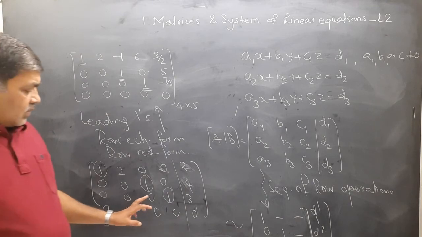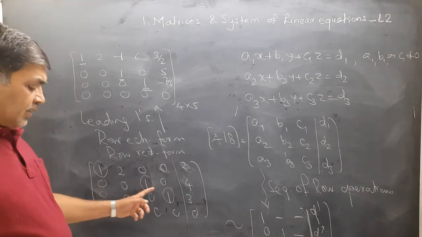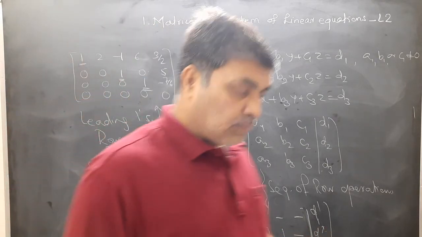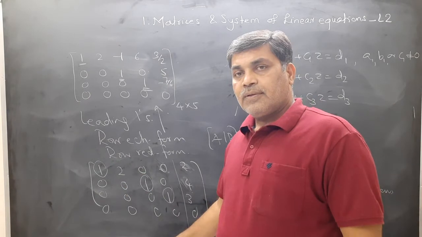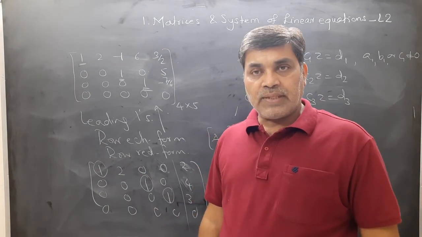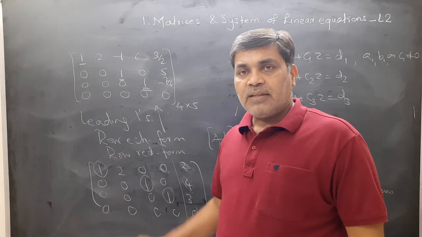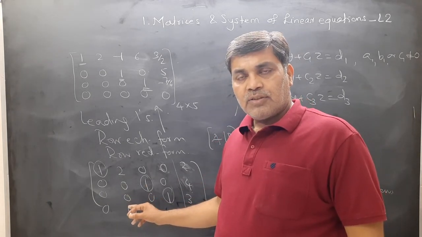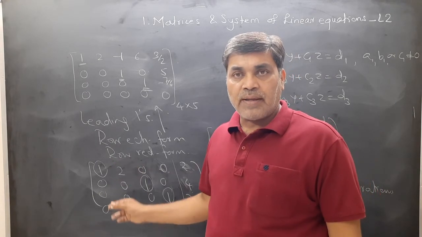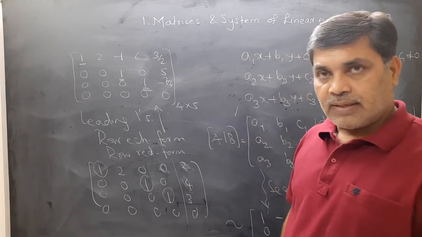So the number of leading ones gives the number of leading variables for that system, and there is one non-leading variable which corresponds to the column containing no leading 1. This column doesn't contain a leading element. So the variable corresponding to this is say y. In that case, I will call that y a free variable.